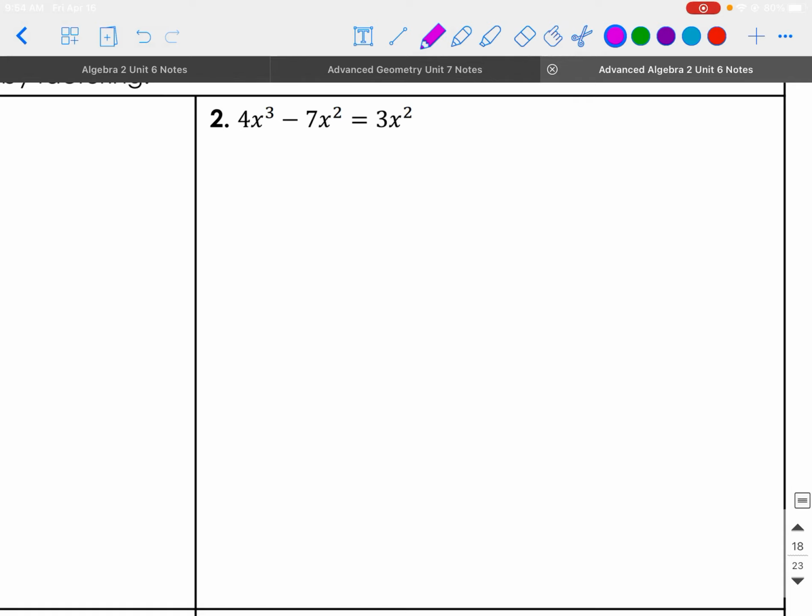Number 2, this one is not set equal to 0. So we need to subtract 3x squared from both sides.